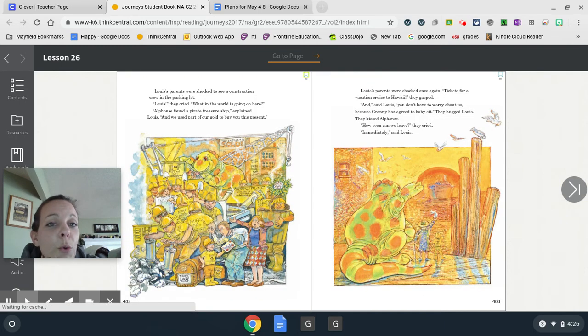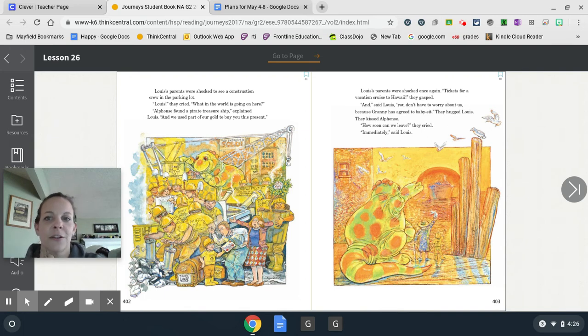Lewis's parents were shocked to see a construction crew in the parking lot. "Lewis," they cried, "what in the world is going on here?" "Alphonse found a pirate treasure ship," explained Lewis, "and we used part of our gold to buy you this present." Lewis's parents were shocked once again. "Tickets for a vacation cruise to Hawaii?" they gasped.